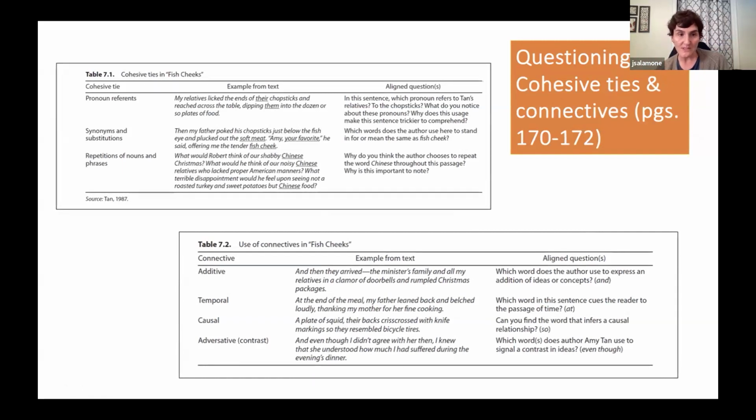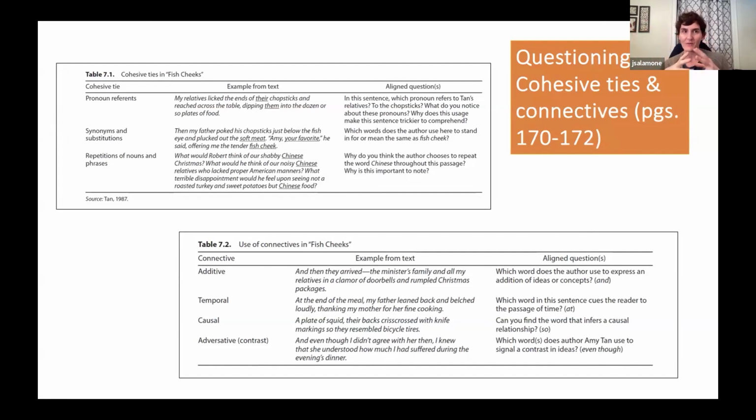The same goes for our use of connectives in the text. We would always begin with direct instruction around these different connectives, making sure my students had that knowledge base, but then building in questions. It's really powerful when students have that knowledge base and they're able to see that.